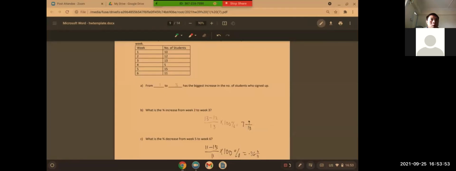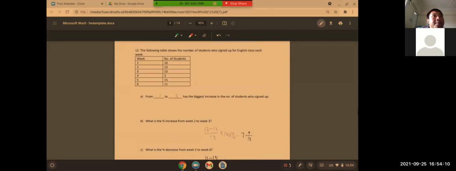So, biggest increase. The biggest increase is 1 to 3? I thought it's 4 to 5, right? Week 4 to week 5, right?